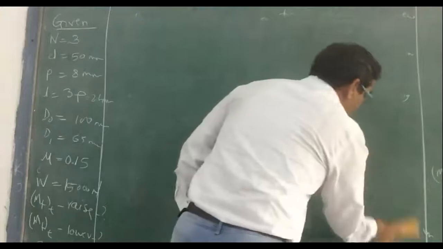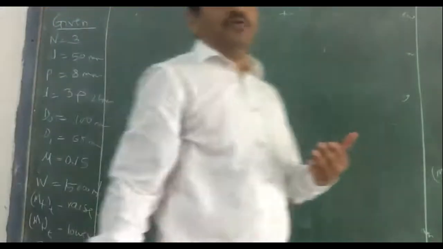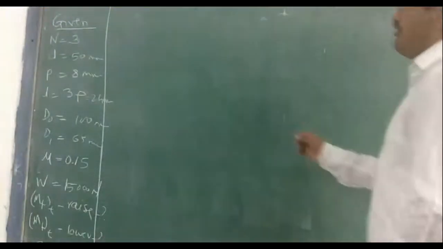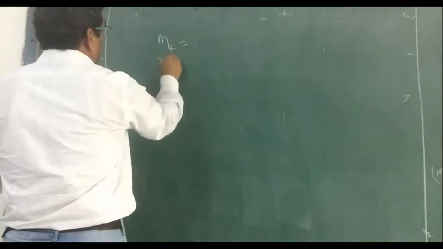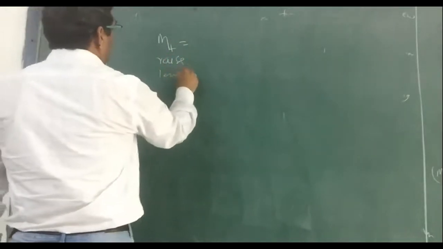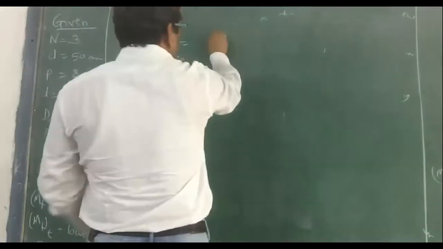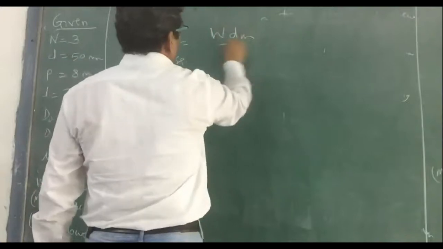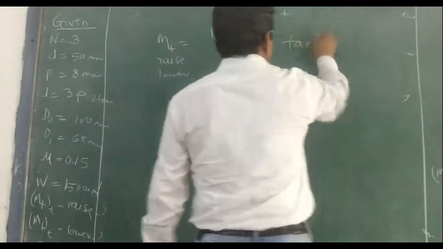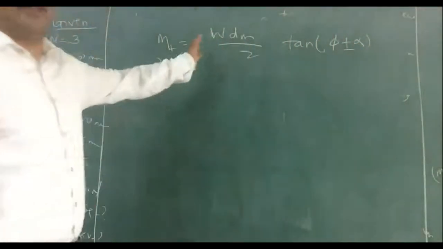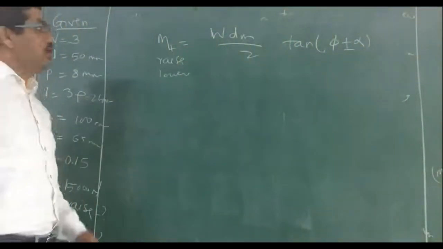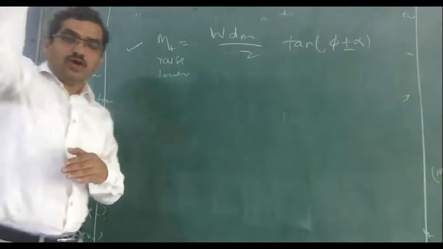But before that, let us see how we will attack this problem. While dictating the problem itself, we have gone through the process. First, we will find the torque for raising and lowering. This will be W into dm by 2 into tan phi plus alpha for raising, and phi minus alpha for lowering. So this is the torque to raise or lower the load.